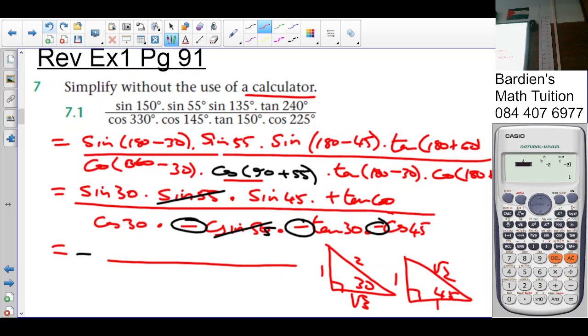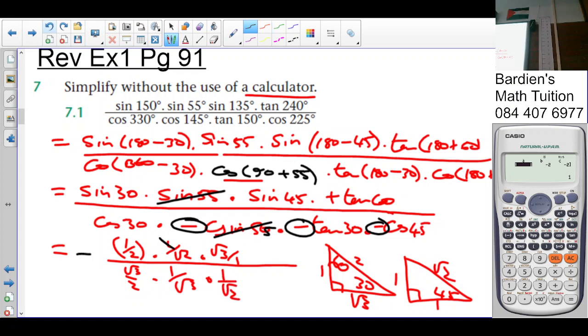Sine of 30 is 1 over 2, times sine of 45, which is 1 over root 2, times tan of 60, which is opposite over adjacent, root 3 over 1. Cos of 30 is adjacent over hypotenuse, root 3 over 2, times tan of 30, which is 1 over root 3, times cos of 45, which is 1 over root 2.